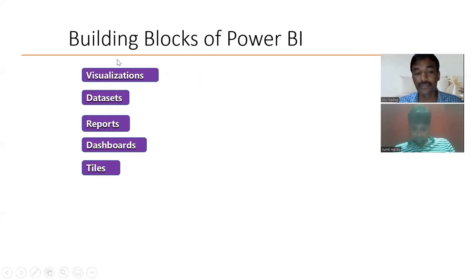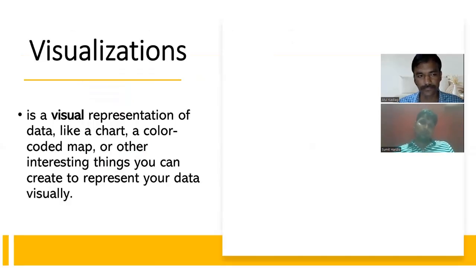Data sets relate to databases, where we connect to different databases. Then we have reports, dashboards, and tiles. Let's see one by one what each looks like and what its components are.